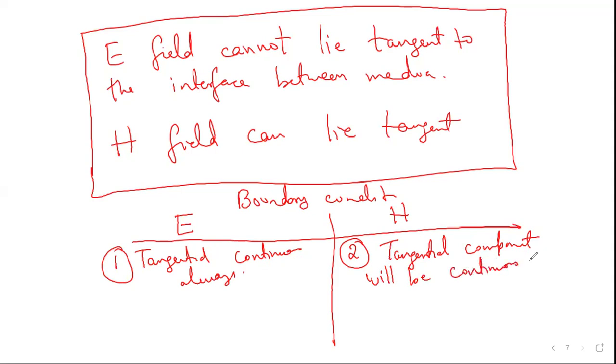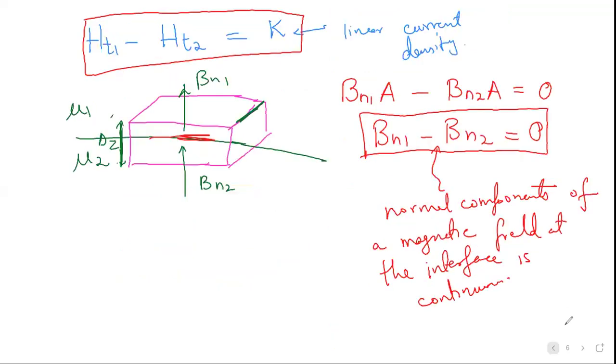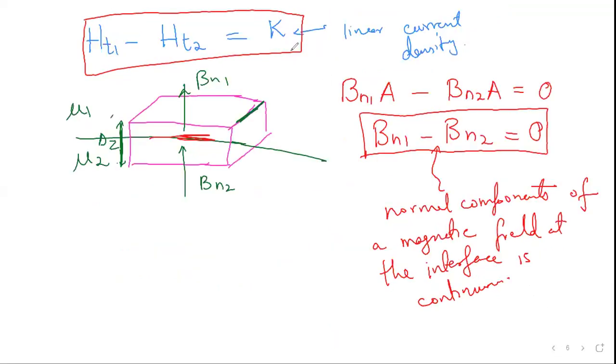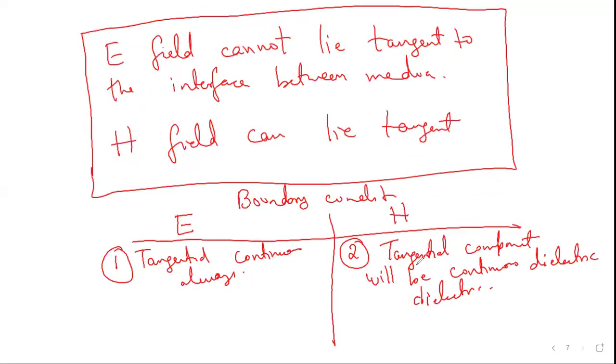Now, when will it be continuous? Meaning it is zero, when there is no current flowing. Now, when will current not flow? When you have a dielectric. When you have no free charges, how will current flow? Then you will have this quantity zero, and this will be continuous.